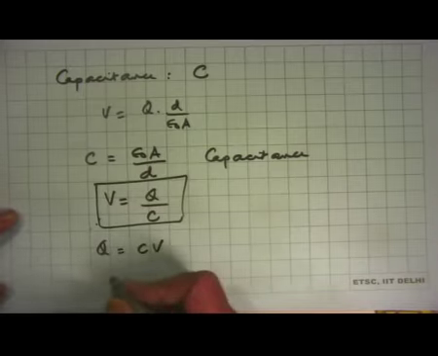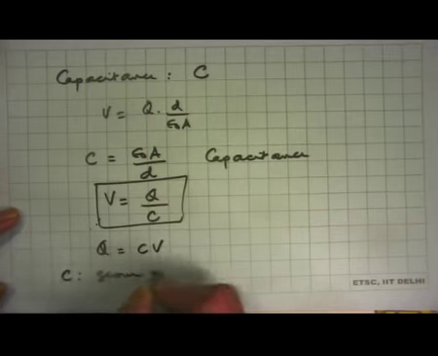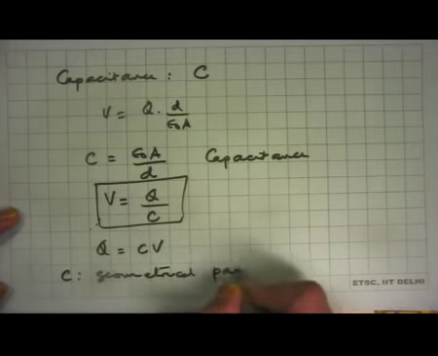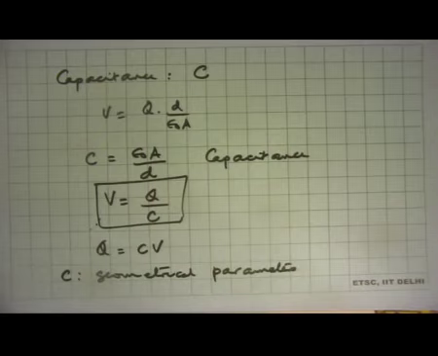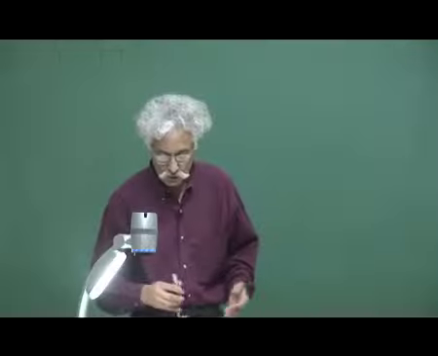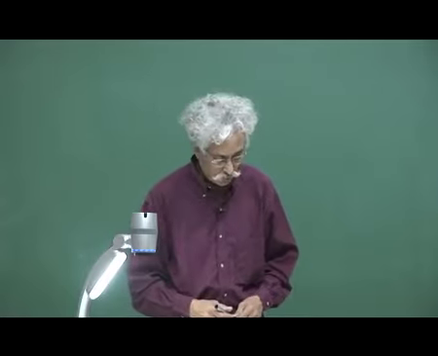It only depends on the geometrical parameters such as the area of the conductors, the distance between the conductors, etc. It is not dependent on the charges or potential that you are calculating. So, C is a proportionality constant.